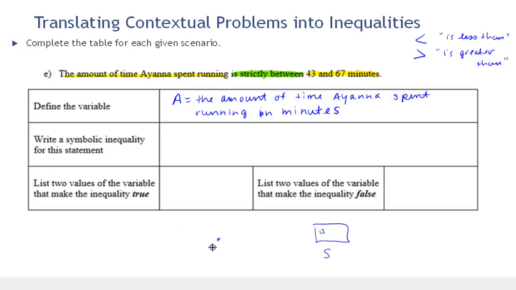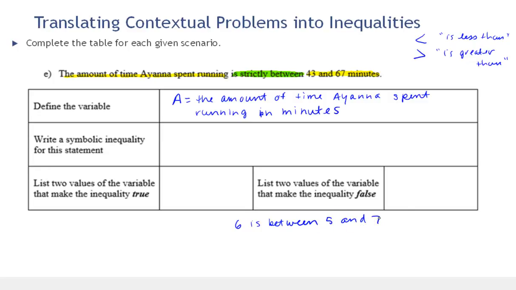Okay. But in mathematics, it can be a little bit more complicated. What does between really mean? How are we going to translate that? And there's not really a consensus on how to do so. So when we talk about between, I'm just going to do a simple example. 6 is between 5 and 7.